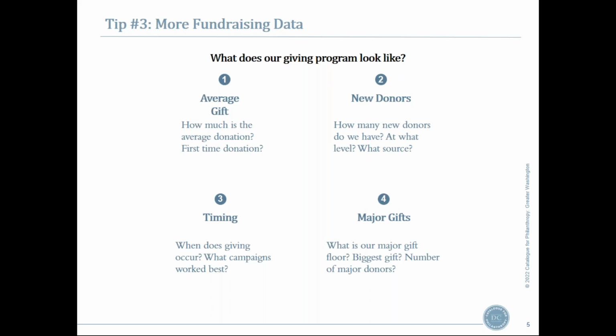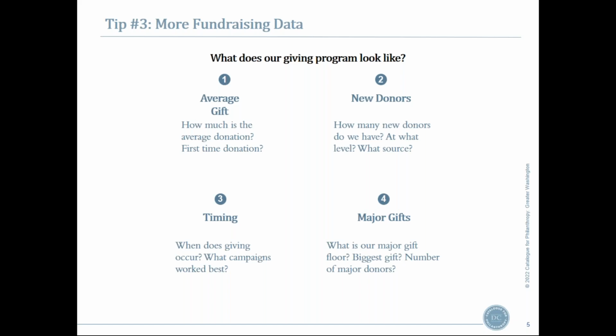Like if you're in DC, you're a partner of the catalog, that's how they found you. Finding out what source they come from is going to help direct our marketing efforts moving forward. Again, with acquisition being really tough right now in the space, getting new donors being a real challenge, this can be really important to help direct our limited time and efforts into the things that are going to be most fruitful for our organization.